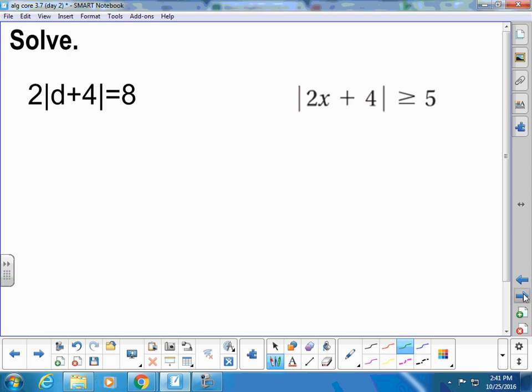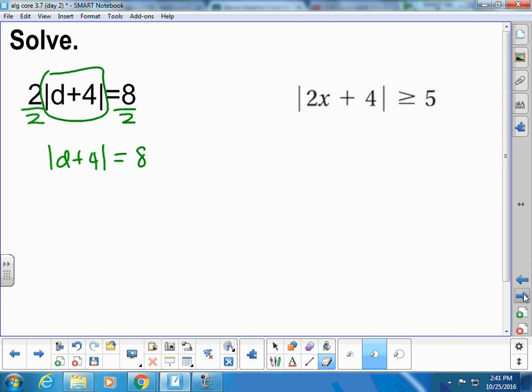So again, just like the other day, I need to get this part by itself. So to do that, I'm going to divide by 2. I could have distributed, but I don't need to. So absolute value, actually I don't distribute in this case, I want to divide, is equal to 8 divided by 2, which is 4.